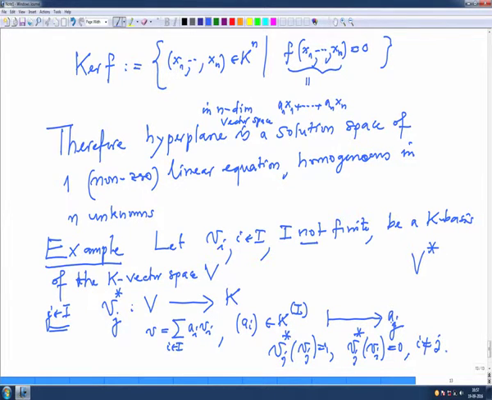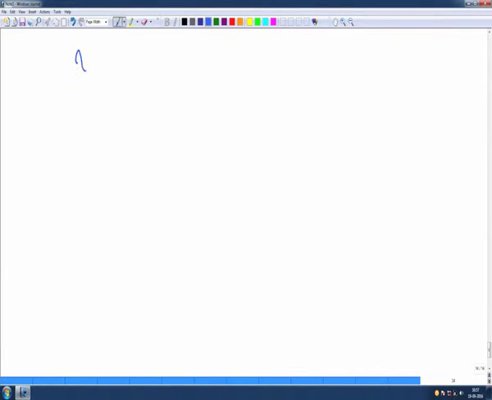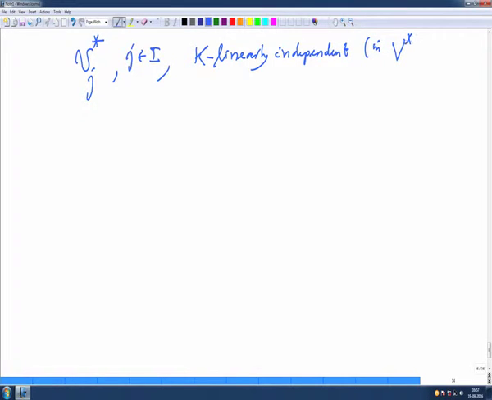So, by the same proof as above, we can check that this family of coordinate functions v_j star, j varies in I, is k-linearly independent, and they are elements in V star. So, in the dual space V star, I have this family which is linearly independent. Now, it may be a basis, it may not be a basis. But our abstract theorem says that any linearly independent family of vectors can be extended to a basis.